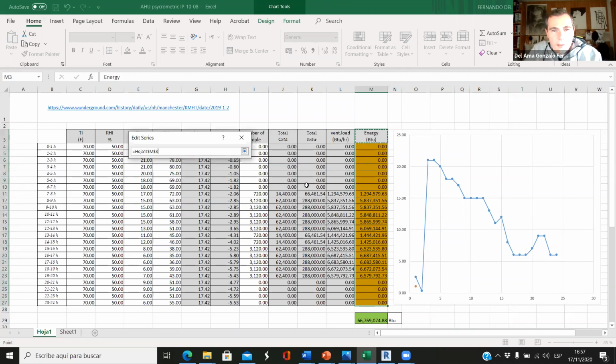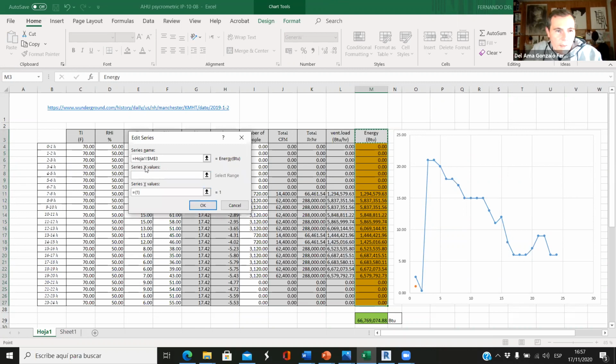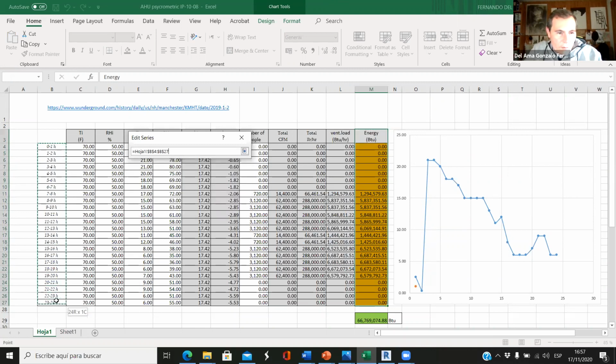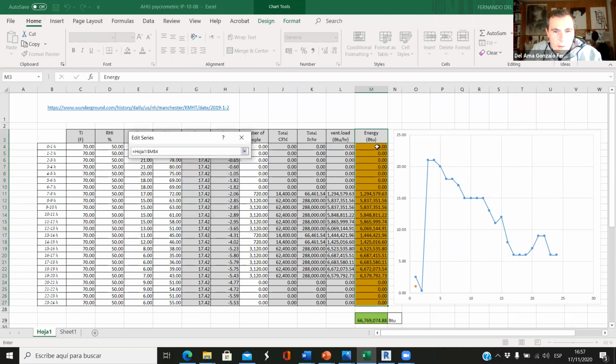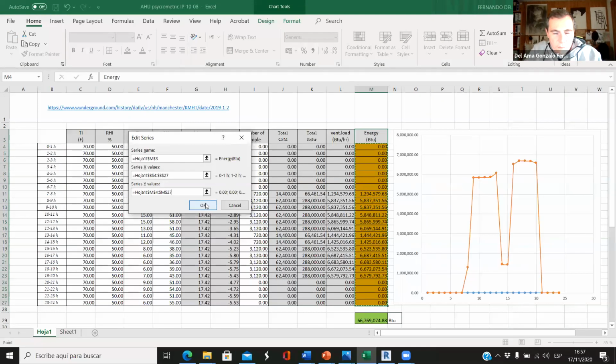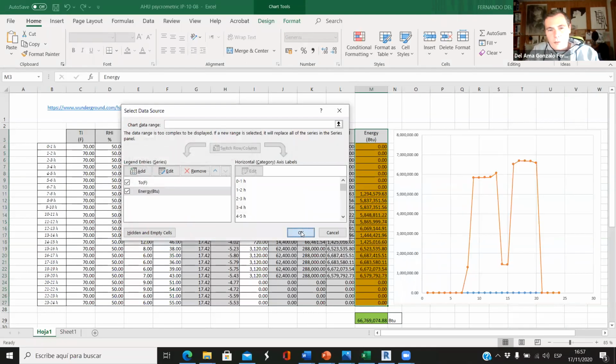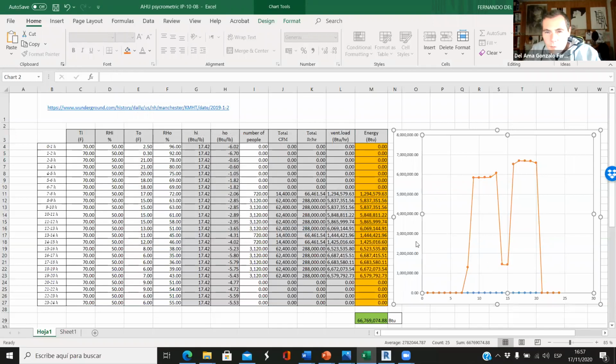Yeah, I know. So series name is the energy. This is the X values. I did it wrong. So we have to select this. And the Y values, it's the column. Okay, now it works.